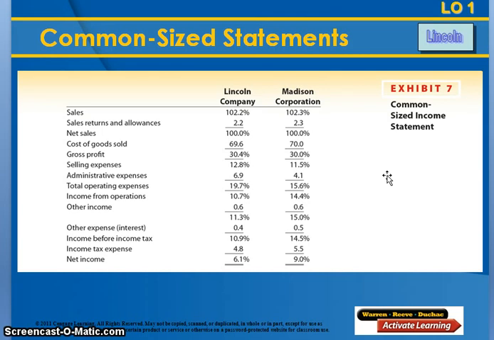The percentages from our vertical analysis here, they have nothing to do with dollar value. They're all about what percentage of a whole. All right, so like how much profit overall did Lincoln Company make versus Madison Company. All right, so if I'm this little company and I'm trying to emulate a big company that I really admire or I want to follow in their footsteps, I can use common size statements in order to do that.